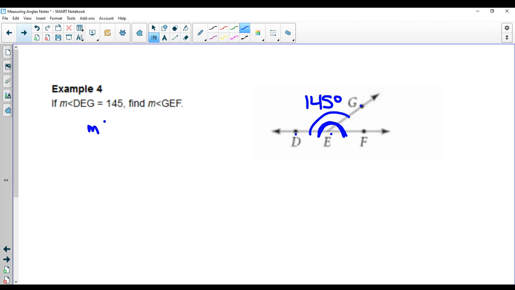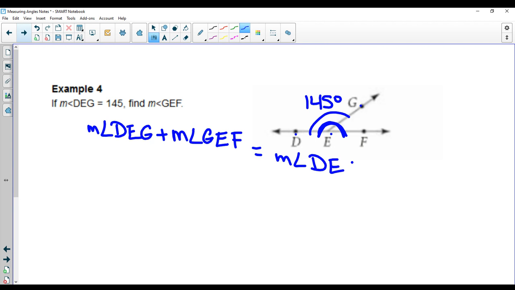So the measure of angle DEG plus the measure of angle GEF should equal the measure of angle DEF. Plug in what we know.